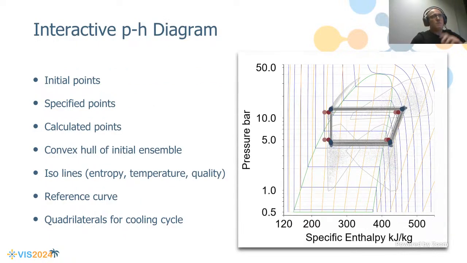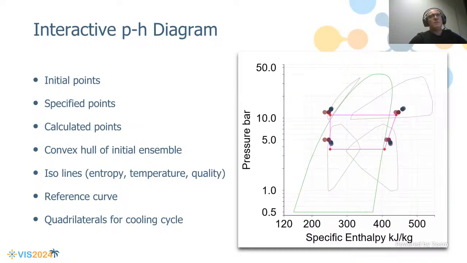We have many options to configure this diagram, also with isolines and quadrilaterals. While the diagram conveys a wealth of information, it risks becoming cluttered when all elements are displayed simultaneously, of course, and there's a need to filter this efficiently depending on the task at hand.